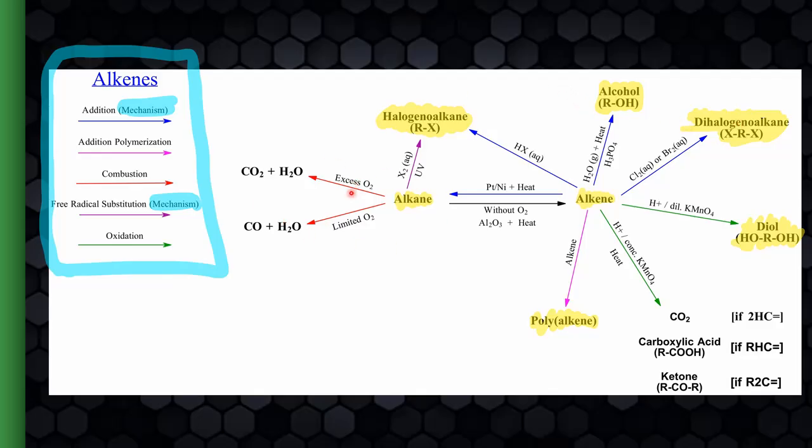If I wanted to, for example, go all the way from an alkane to a diol, how would I do that? Well, I would just follow the arrows. If I wanted to turn an alkane into a diol, I will have to first do a reaction where I turn an alkane into an alkene using aluminum oxide, heat, and no oxygen.